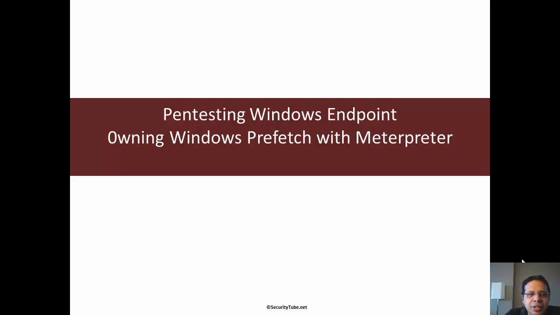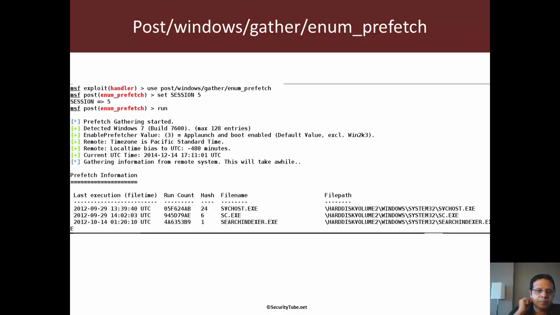Now in this video, let's look at it entirely from a pen tester's perspective who has broken into the machine and now would like to do all of this remotely. So the first thing we are going to do is go ahead and gather information from the prefetch directory so that if required, we can understand the most common programs the user runs.